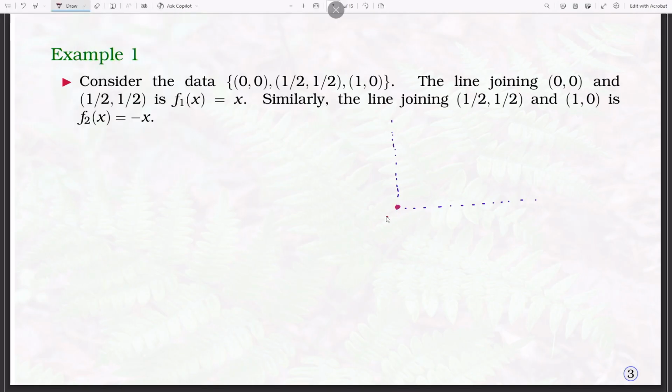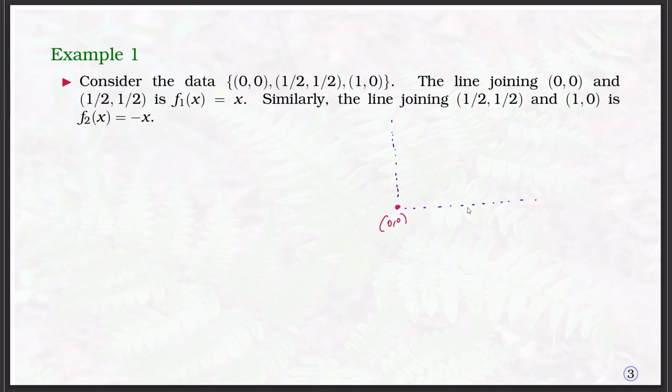So (0, 0) is here, and (1/2, 1/2) is here, and the other one is (1, 0): x-axis 1 and y-axis 0, the point is here. Now, we have the 3 points: 1, 2, 3.